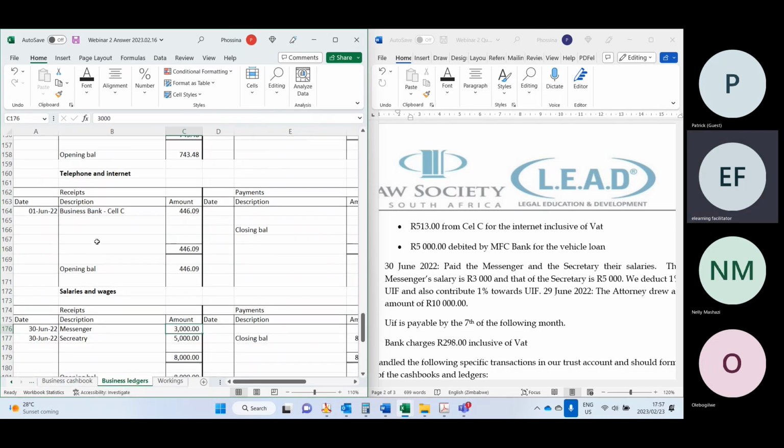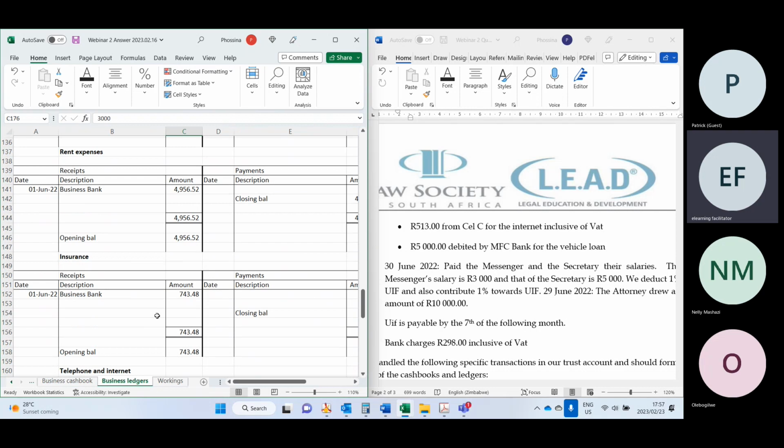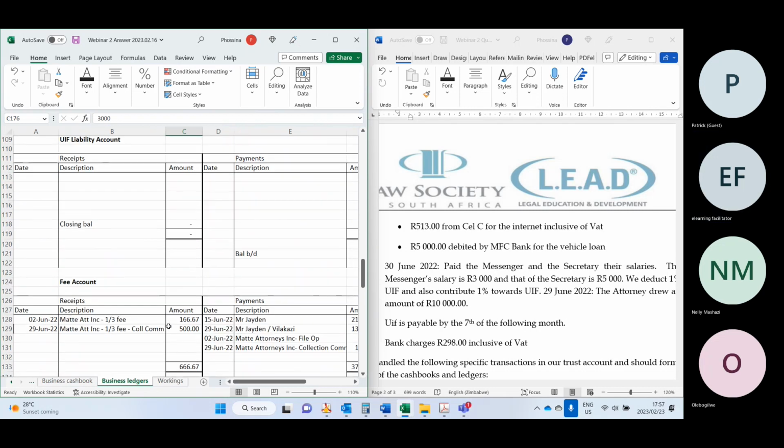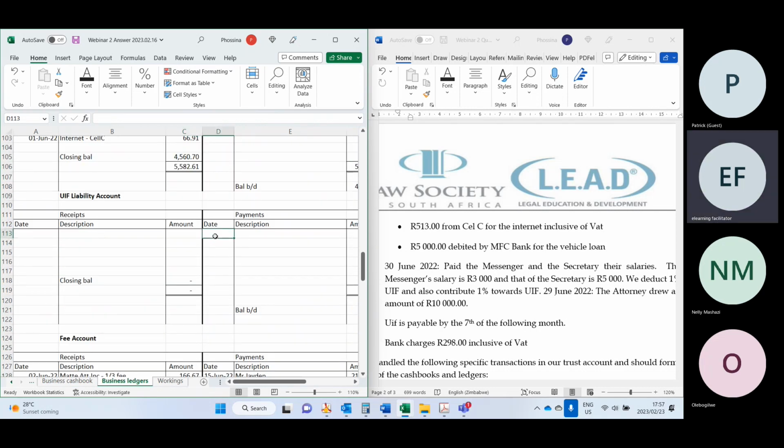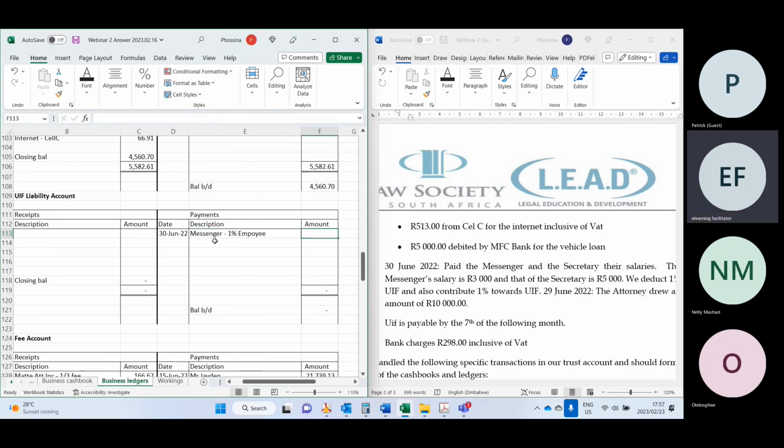Okay, and then we go to our UIF liability account. Let's look for it, this one, the UIF liability account. So on 30 June, we've got a liability to pay 1% for the messenger, the employee contribution, which is in this case 30 rands.